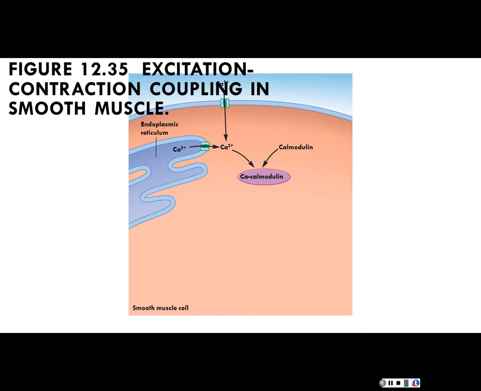That will bind to what? Calmodulin, which is like a messenger. So then we're going to go do something else. Calmodulin, complexed with calcium, shown in the purple little sphere, binds to an enzyme called myosin kinase.